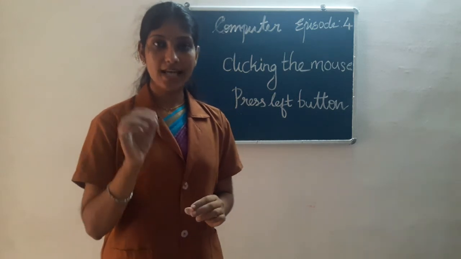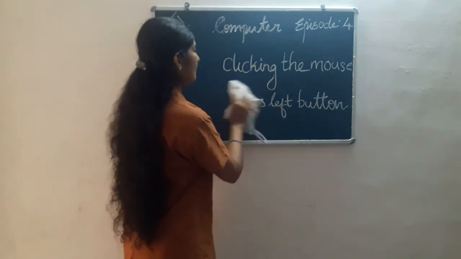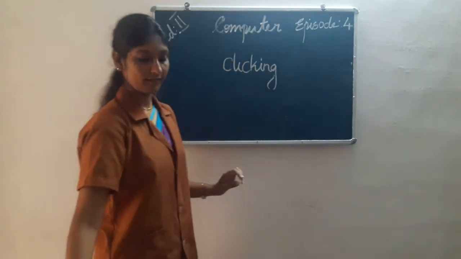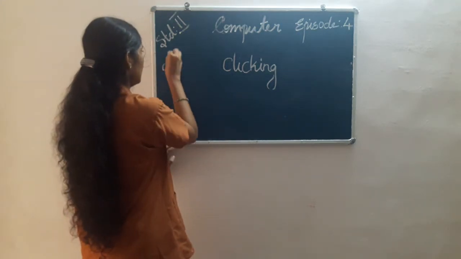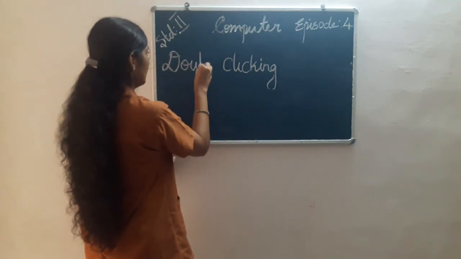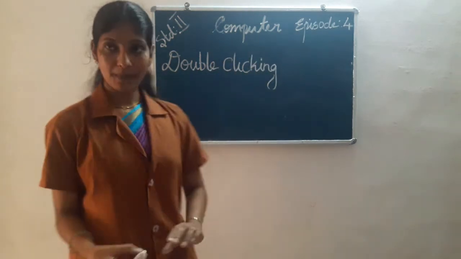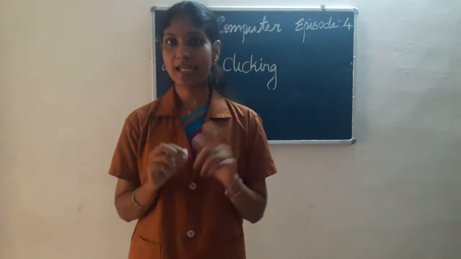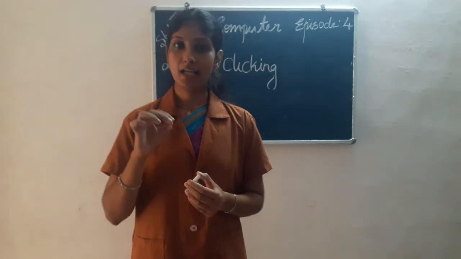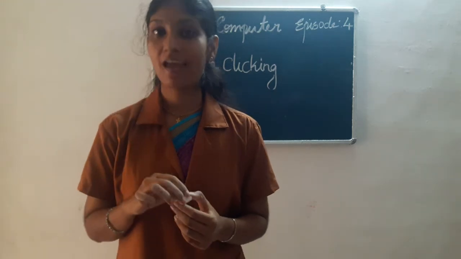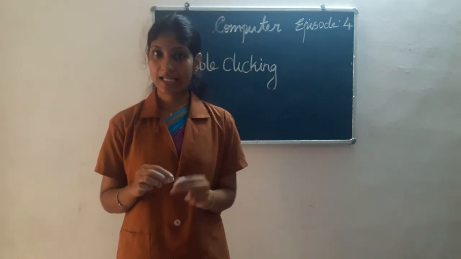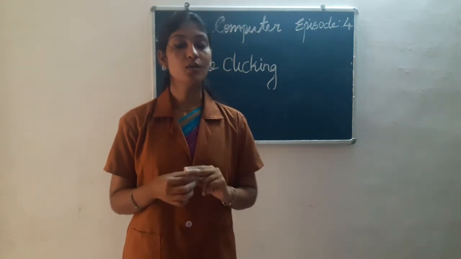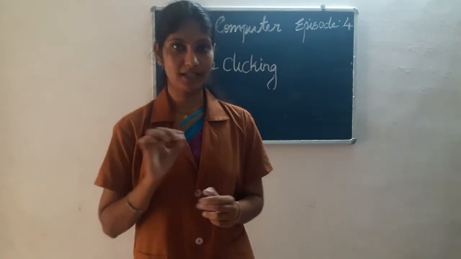Next one is double clicking. Double clicking means click 2 times. We know a click means pressing the left button on the mouse, and double clicking means clicking 2 times on the left button of the mouse.